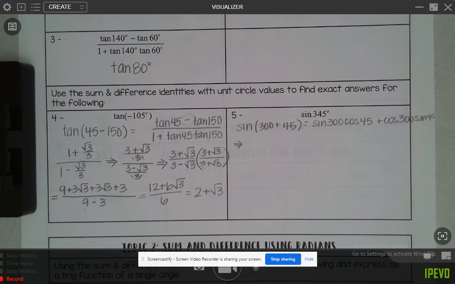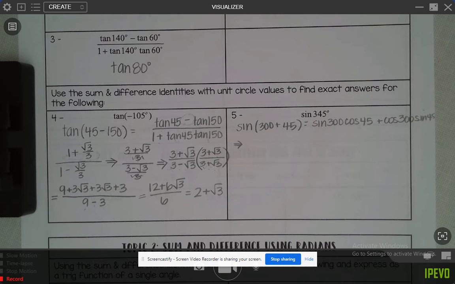All right, so we just said 300 degrees is 5 pi over 3. Yes? What is my reference angle if I'm talking about 5 pi over 3? Pi over 3. What's the sine of pi over 3? Radical 3 over 2. And it's in quadrant 4, so it is negative.